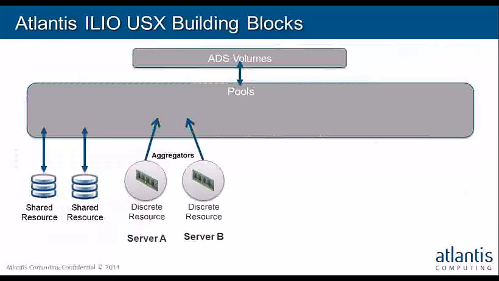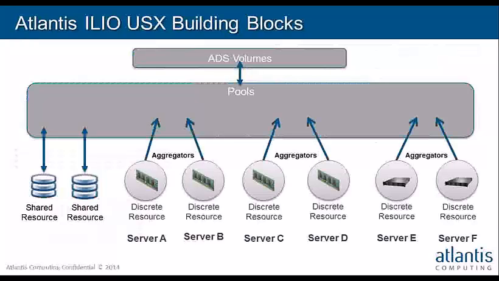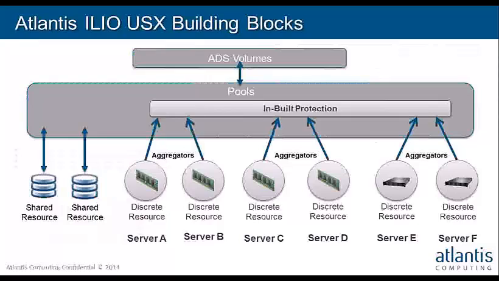A different way of looking at the same concept is we have multiple aggregator nodes that expose discrete resources from different servers. And in this example, I'm showing 6 servers with 6 discrete resources, which can be flash or RAM. And there is some amount of inbuilt protection that we have, primarily because these discrete resources don't come with additional protection.